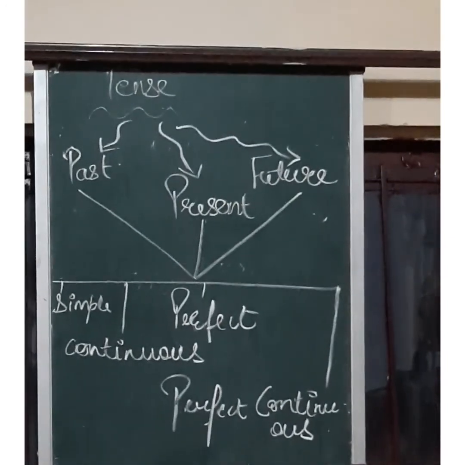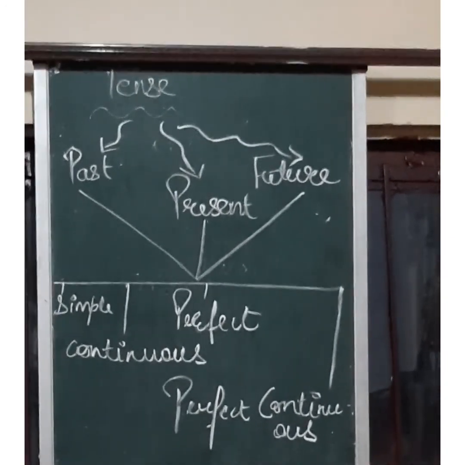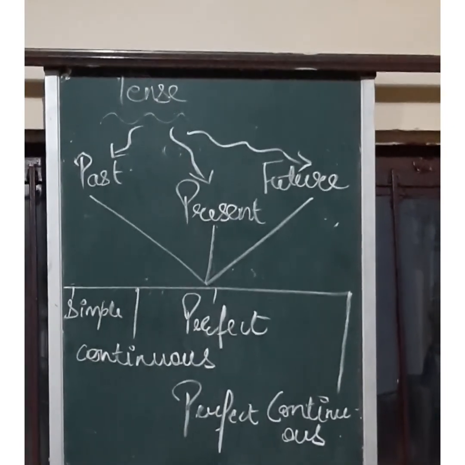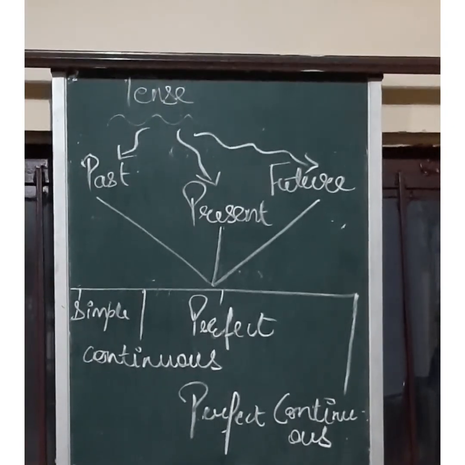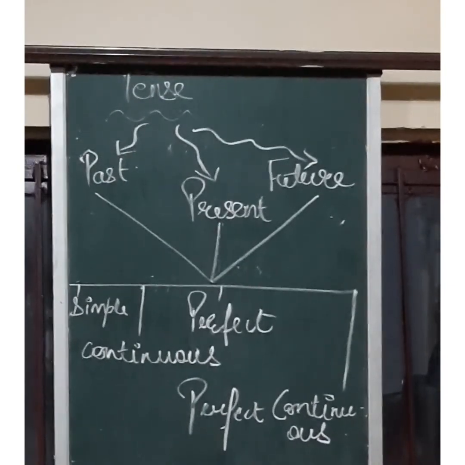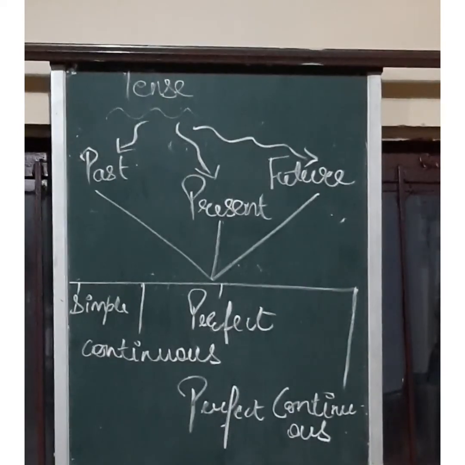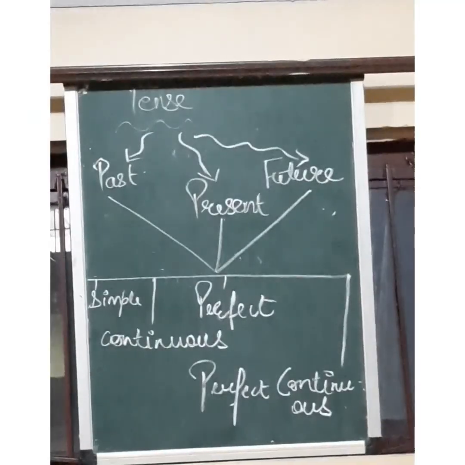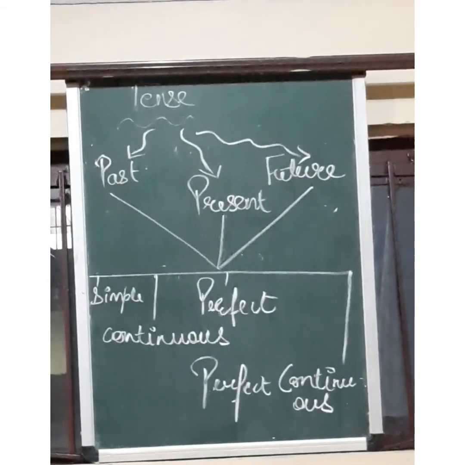You can consider it as a family tree. When grandfather, that is the tense, is having three children, past, present and future, and each parent has four sons, that is simple, simple continuous, perfect and perfect continuous. All in all, we have twelve tenses or siblings.